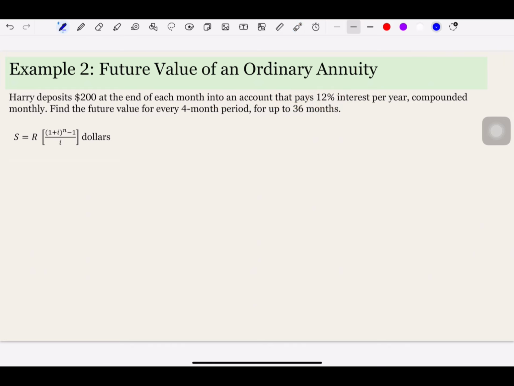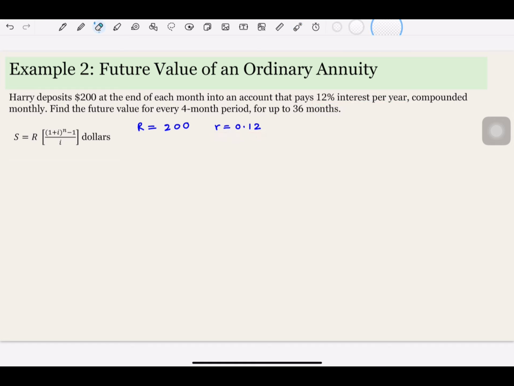So that means in this problem R is equal to $200 and the interest rate per year is 12%, which means r is equal to 0.12 because this is the interest per year, which is r, not i.